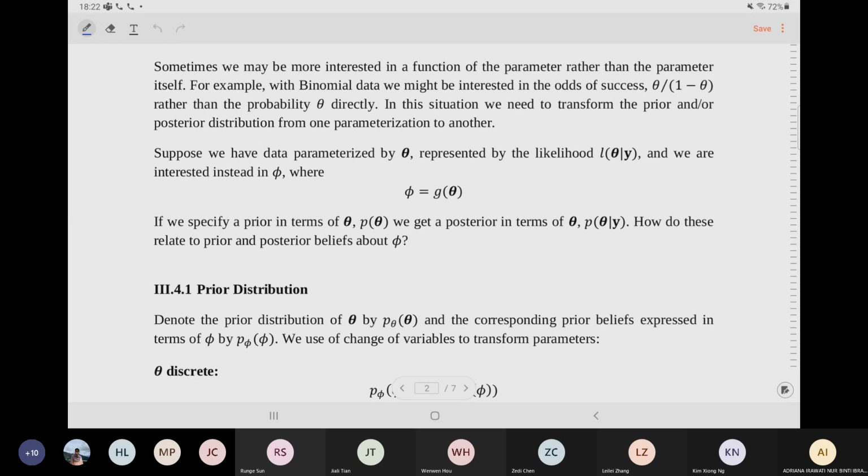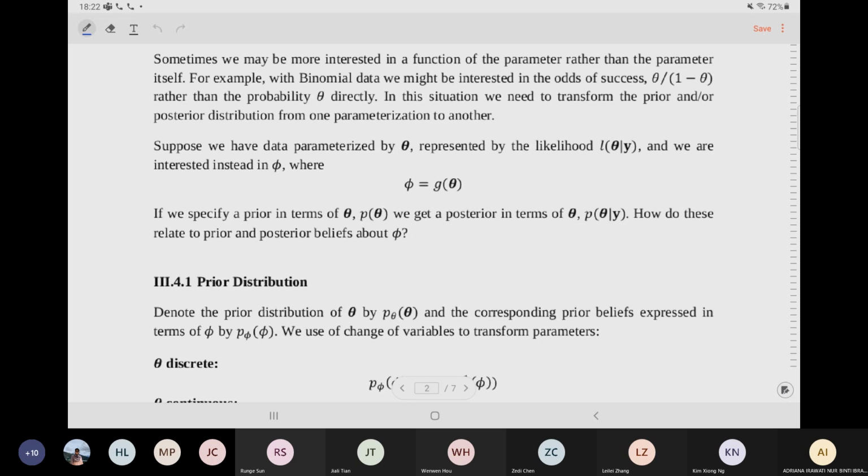Sometimes transforming the prior and the likelihood separately is easier than transforming the posterior. But both should give you the same answer. So if you transform before or after you join the prior and the likelihood, they should give you the same distribution either way.